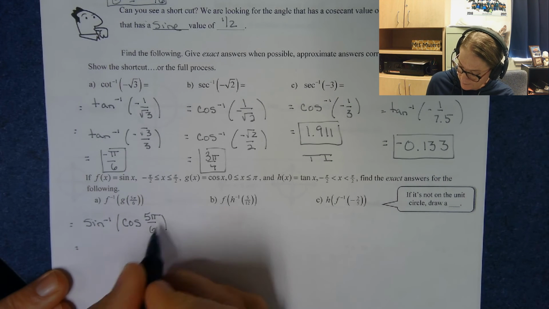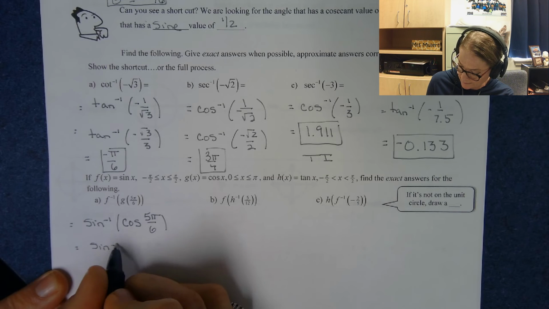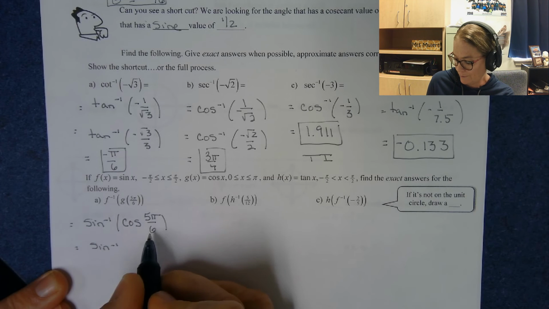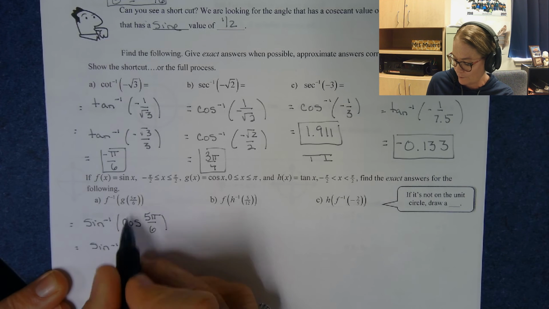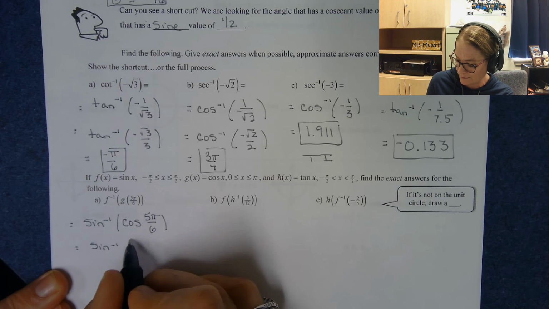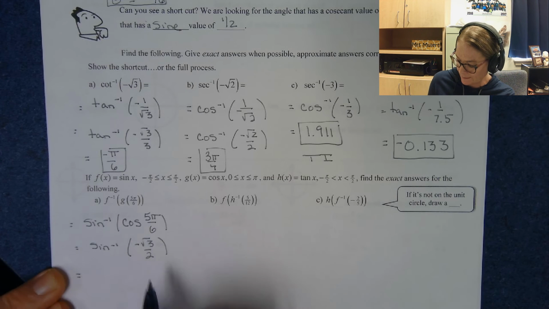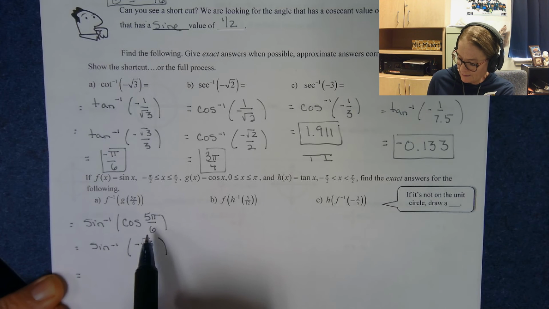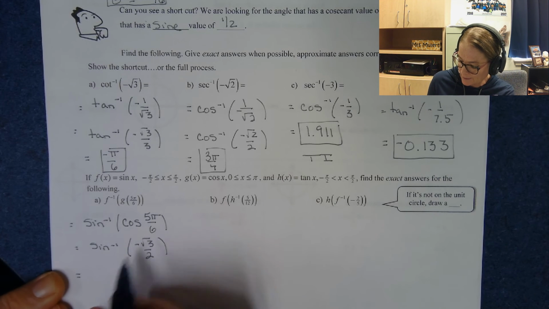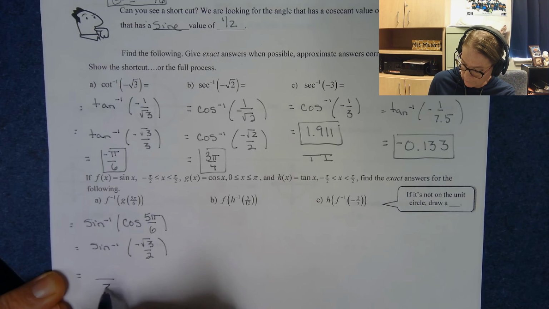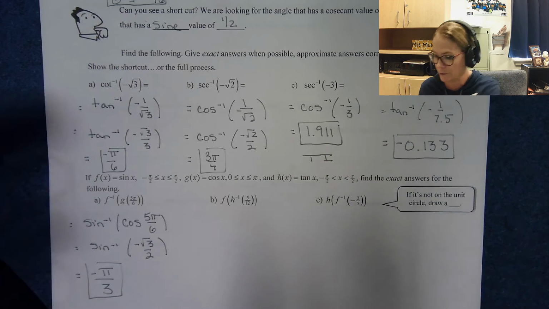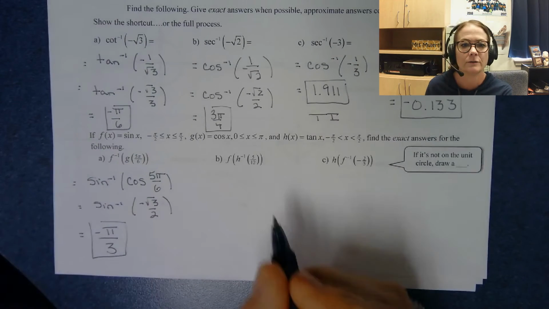The cosine of 5 pi over 6 is in quadrant 2. That's 150 degrees, so it's a 30-degree angle in quadrant 2. Cosine is negative, and that value is negative root 3 over 2. Then that switches to a 60-degree angle for sine, so pi over 3. We are restricted to quadrants 1 and 4, so we have to go negative pi over 3 there. Just function notation.